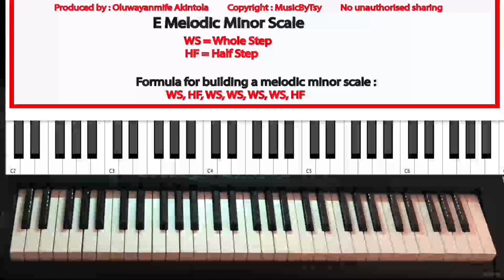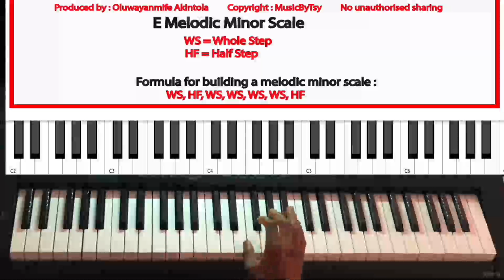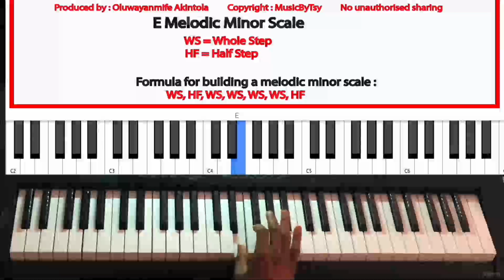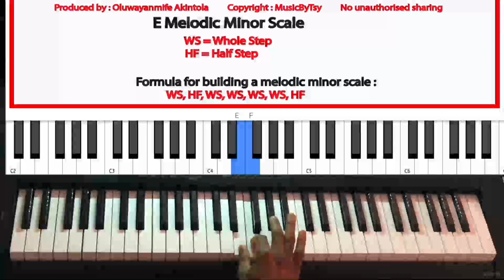Now the other method that can be used to build the E melodic minor scale is by using the formula. Now just to remind you, whenever you move from one key to the next key without skipping any key, that is known as moving by a half step.